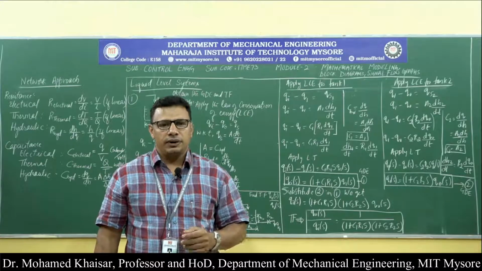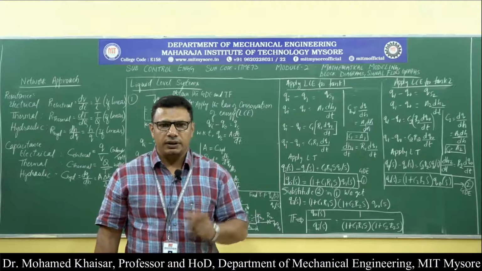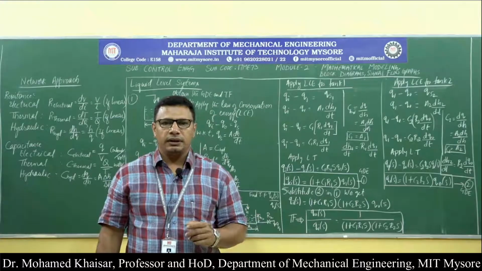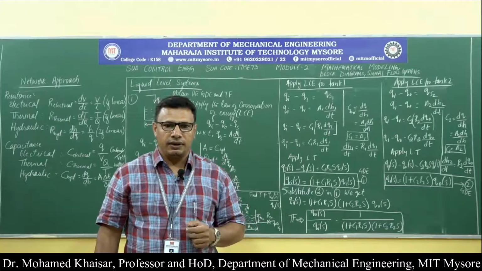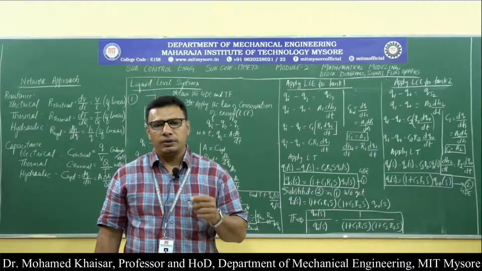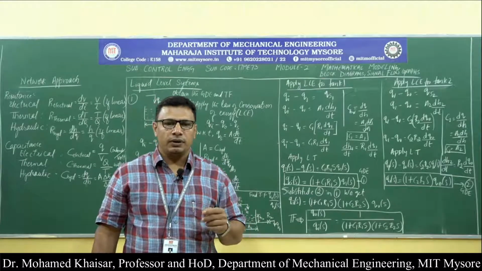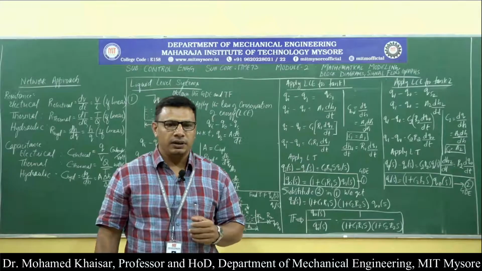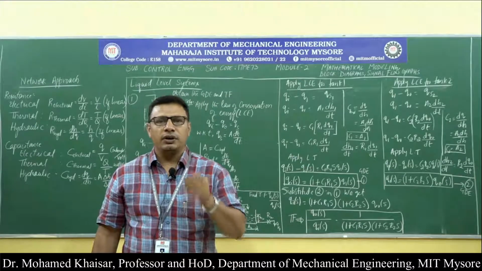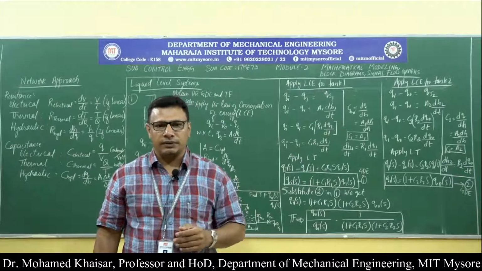For this problem, just like in mechanical systems, we considered one mass at a time. We applied Newton's second law to one mass at a time and came out to the governing differential equation. We did the same for the other mass also.